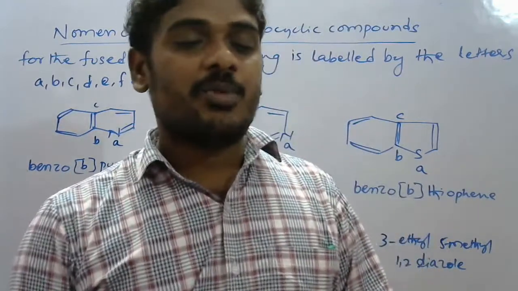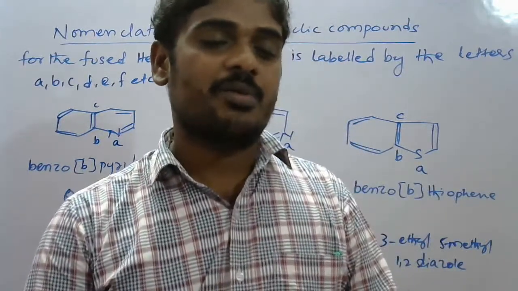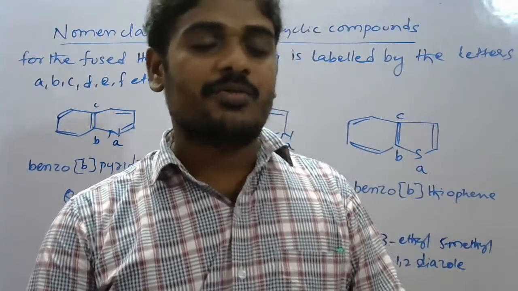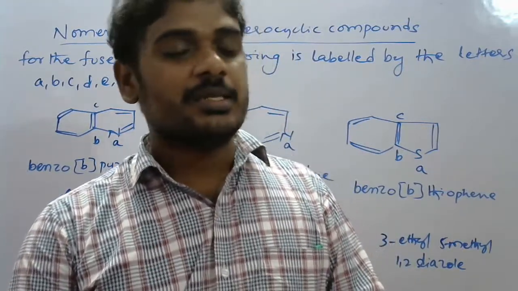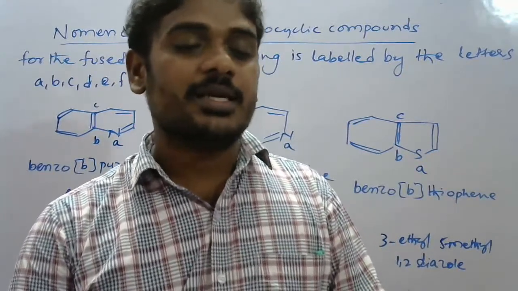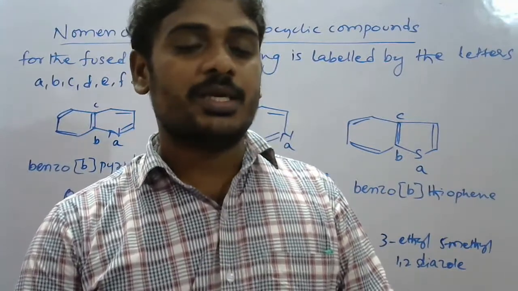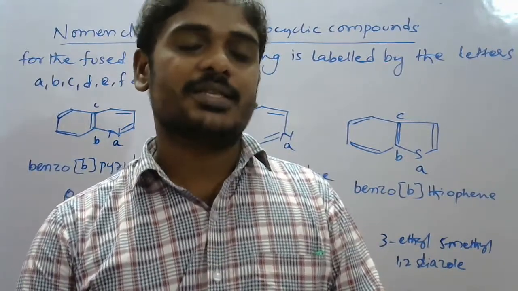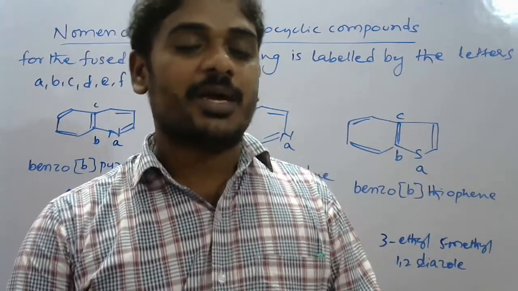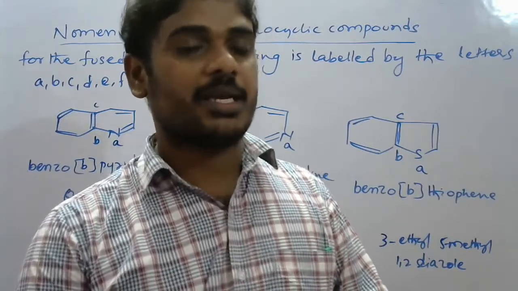Pi excessive heterocyclic compounds are those in which the heteroatom contributes its lone pair of electrons to the ring. This is called a pi excessive heterocyclic ring system, with an enhancement of pi electrons.